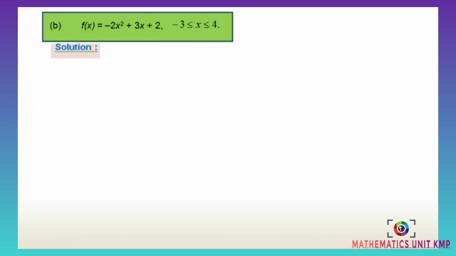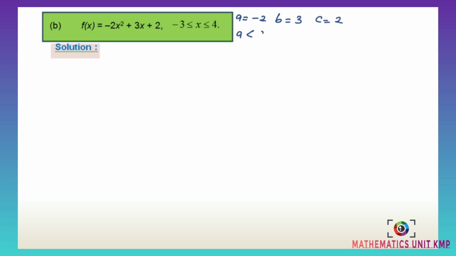For example 5.4, question B, f(x) equals negative 2x squared plus 3x plus 2, given the constraint x is greater than or equal to negative 3 and less than or equal to 4. We can state the values: a is negative 2, b is 3 and c is 2.